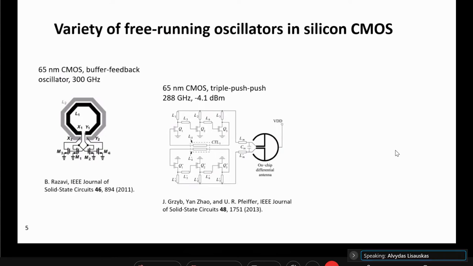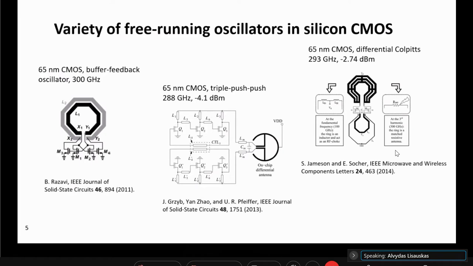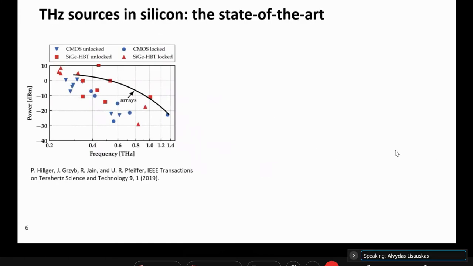Then came several other concepts like the triple push, which makes it even more complex, at 280, or for example the differential Colpitts also at nearly 300 gigahertz. Those oscillators on the right side differ from the first ones: at the left the claim was a fundamental oscillation, whereas on the right side we have harmonic oscillators, which work at a much lower fundamental, but then harmonic emission.